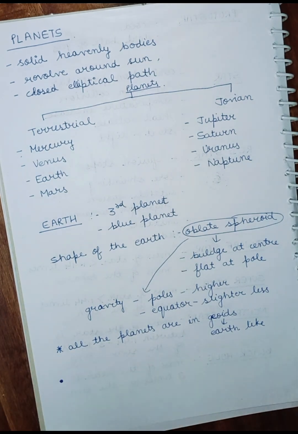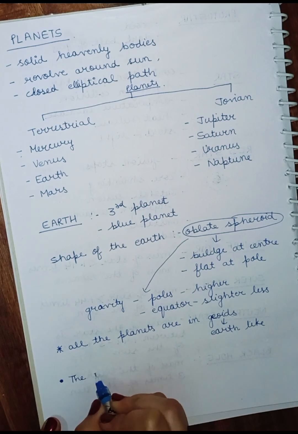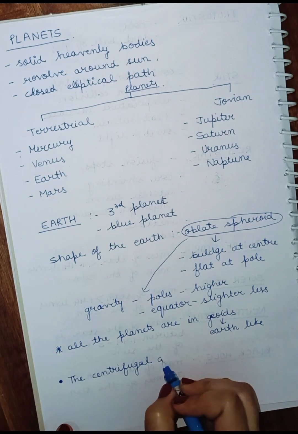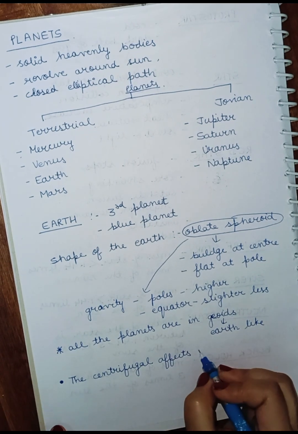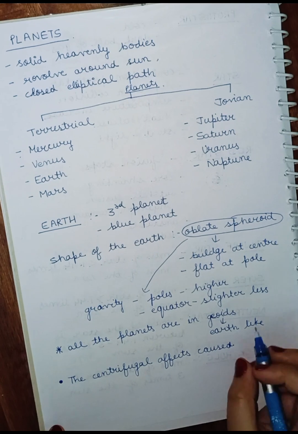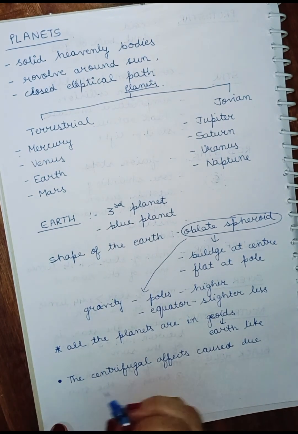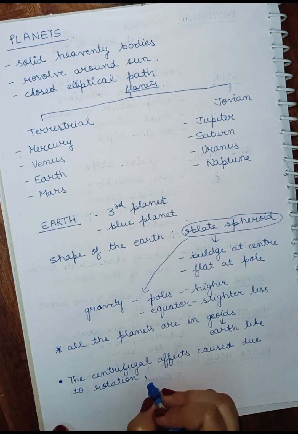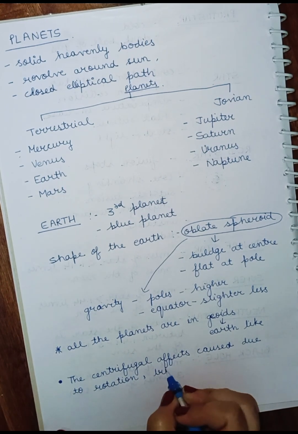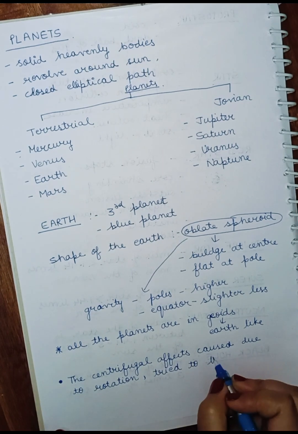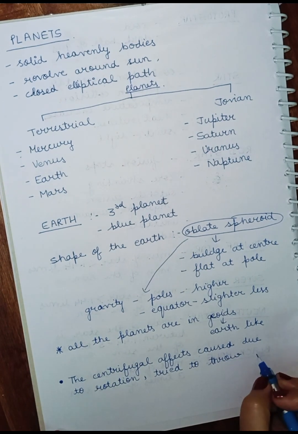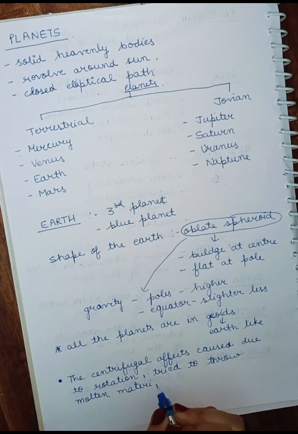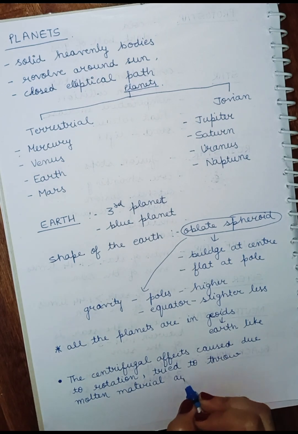Just write it down. The centrifugal effects caused due to rotation of our Earth. During the rotation, the Earth tries to throw the material, the molten material, away from the center.